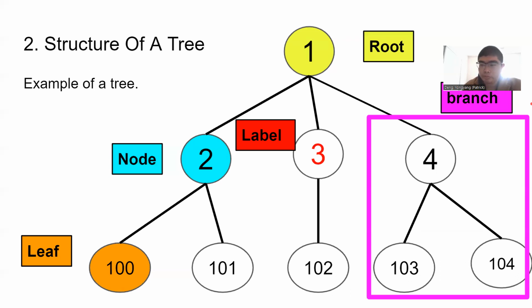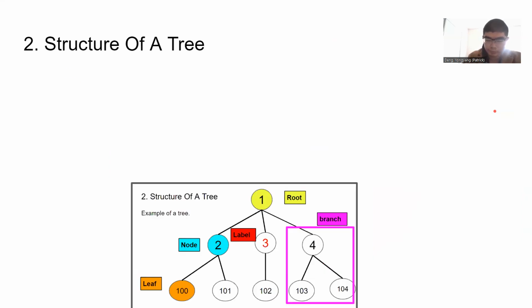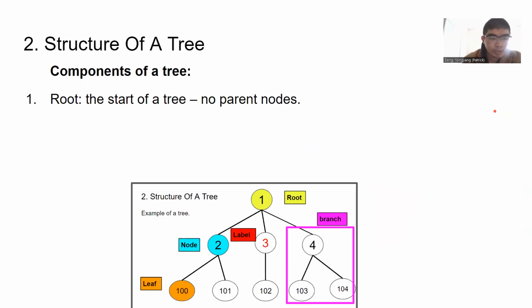And we also have the branch. A branch is everything below the root, containing a lot of nodes and also leaves. So this is the structure of a tree. We have a root, a node, a label, a leaf, and a branch. Those are the components of a tree.